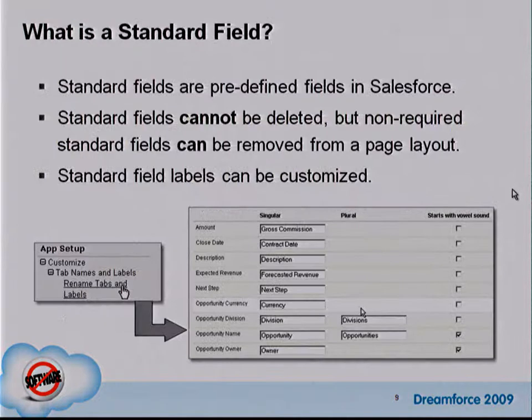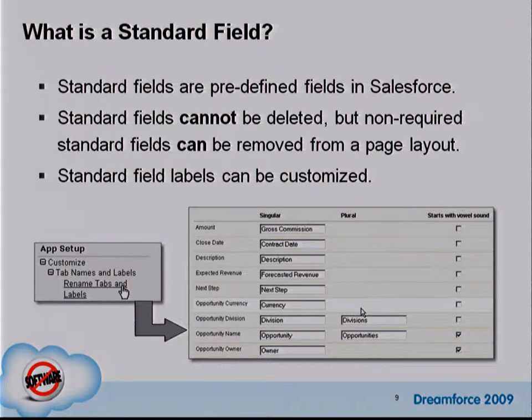Okay, now, we did some simple things to make life a little bit easier for the end users on the user interface. We can also make changes to the data model or the data layer by adding fields. As you know, as you look at particular objects in the application like accounts and opportunities and contacts, they come with a standard set of fields.